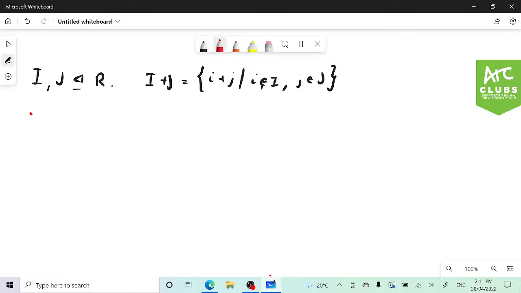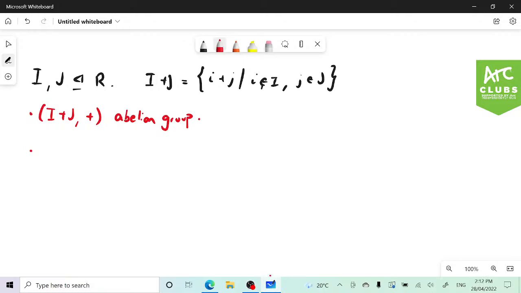I'm going to just leave the abelian part to you guys, but it's not too hard to show that if you take I plus J under the additive operation, you actually get an abelian group. But let's have a look at the more interesting part.